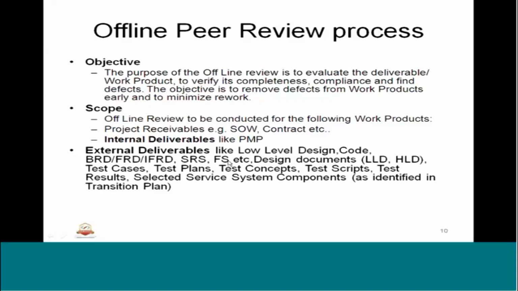It could be different artifacts such as SRS, functional specification, design documents such as LLD, HLD, test cases, test plans, test concepts, test scripts, test results, selected service system components which are identified in the transition plan. All these are part of the offline review process.